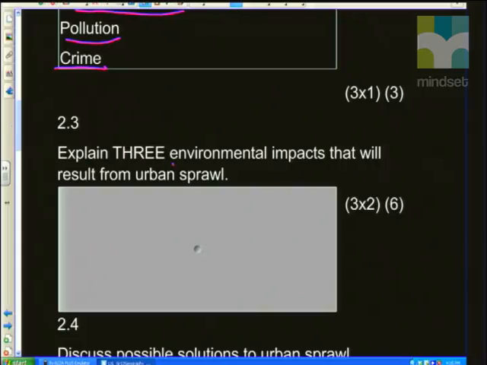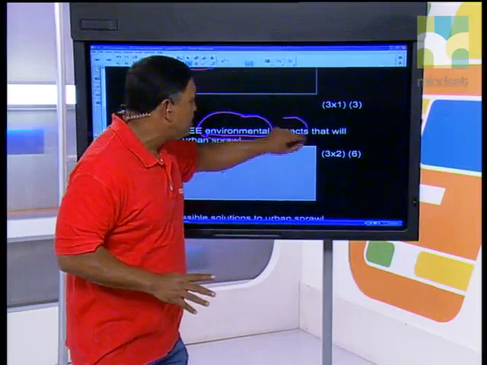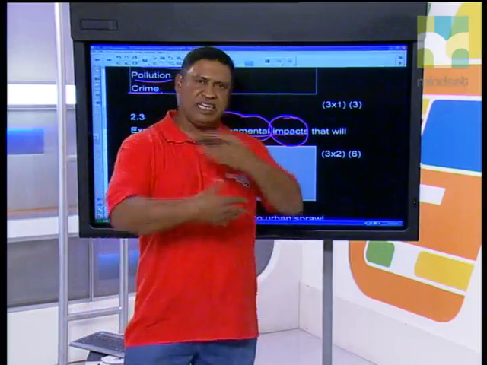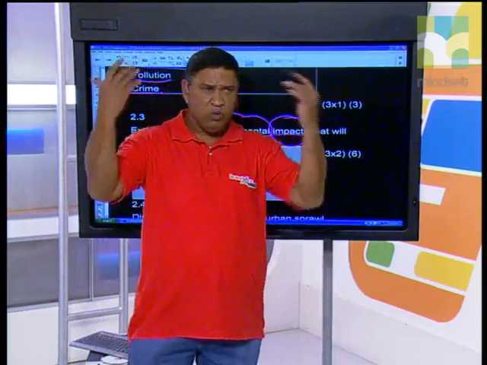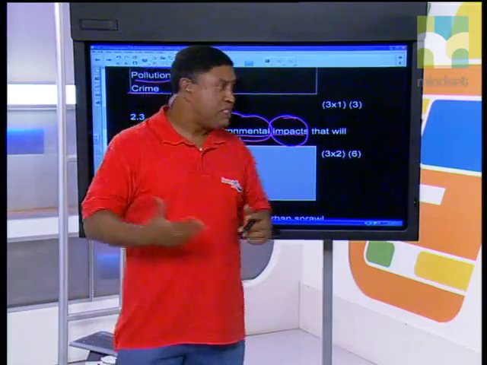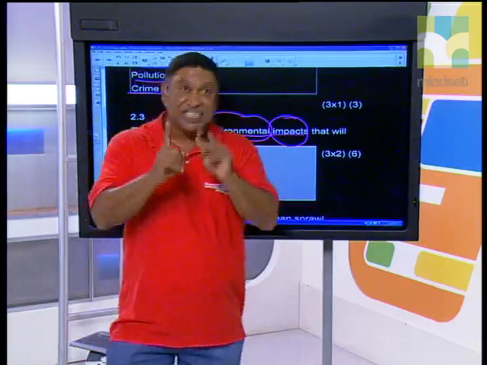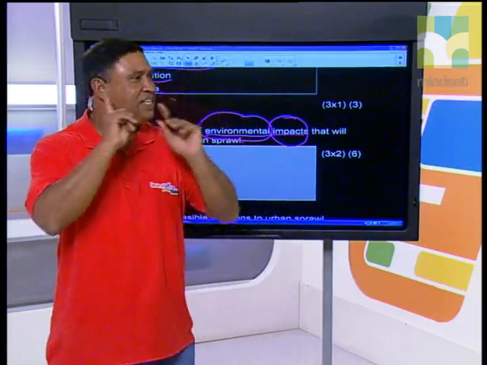2.3. Explain 3 environmental impacts. Can you see the operational words? Learners, be very careful. Many of you have the habit of just reading one word, impacts, and you write everything. You write damaging people's homes and farmlands get damaged. Watch out for words. It says environmental impacts.